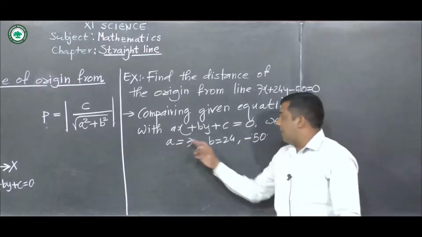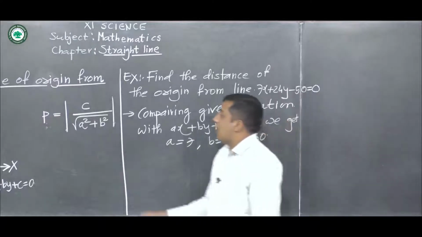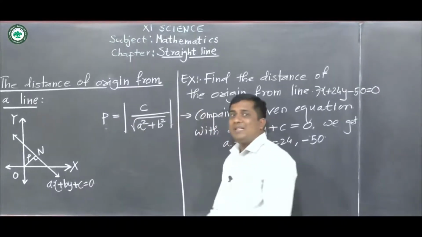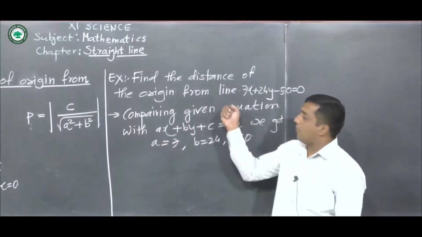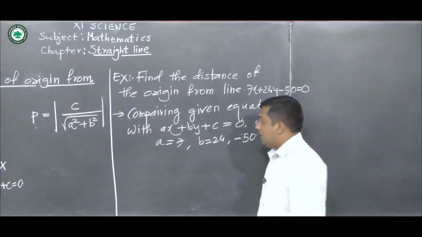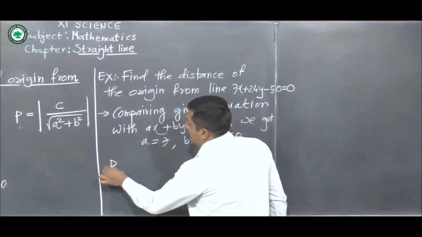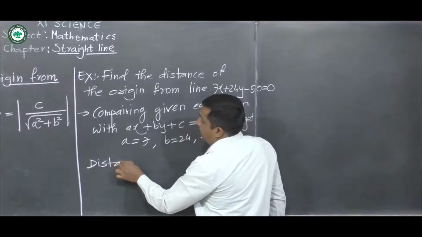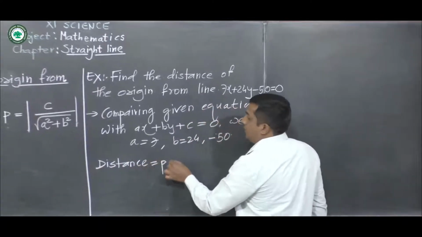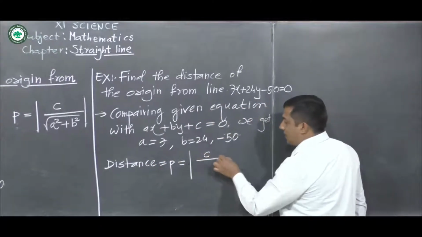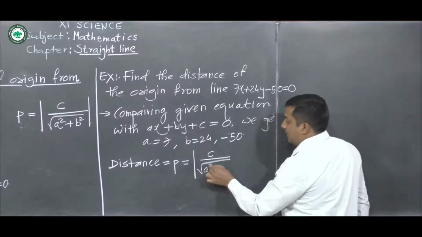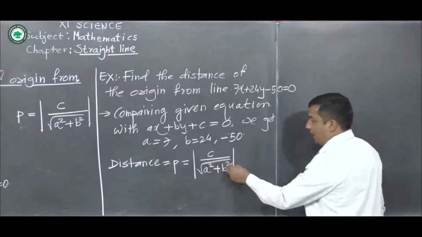Now we know a, b and c, then by using this formula we find the distance of the origin from the given line. Okay, so here I write directly distance p is equal to inside the mod c upon square root of a square plus b square.